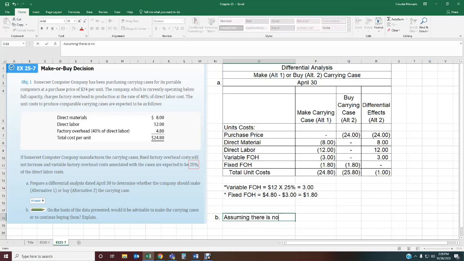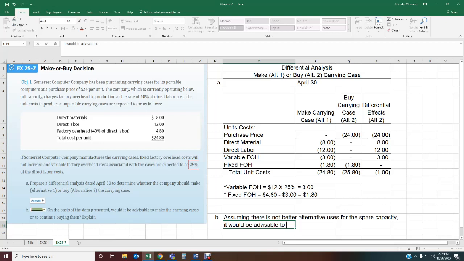Assuming there is no better alternative uses for the spare capacity. It would be advisable to, what's the best option? And which one are we going to spend less money?